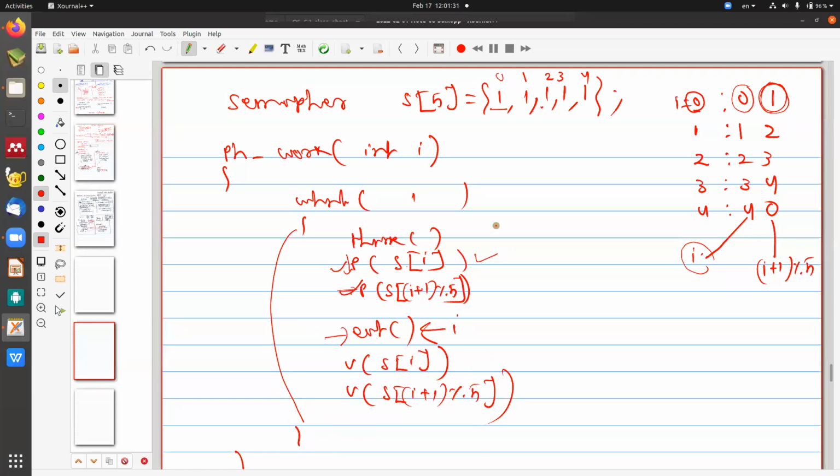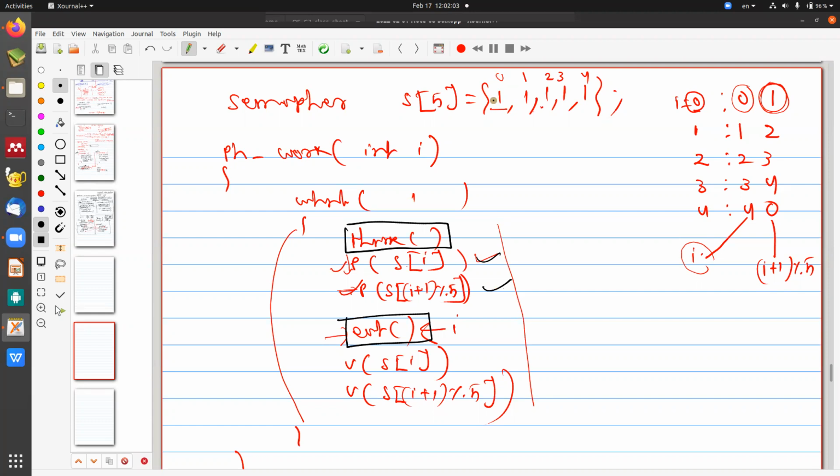So if I do it like this, you can find my dining philosophers problem is a little bit sorted out. Why? Because it is a loop where I'm thinking and eating. But before eating, I need 2 spoons. Since each spoon is only 1 unit, for every 1 unit I have kept a semaphore for that spoon.